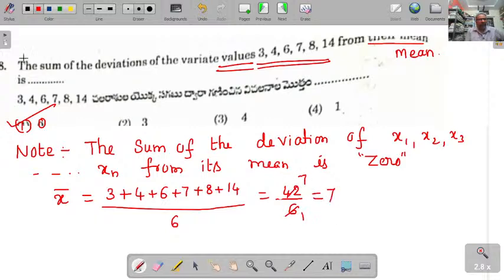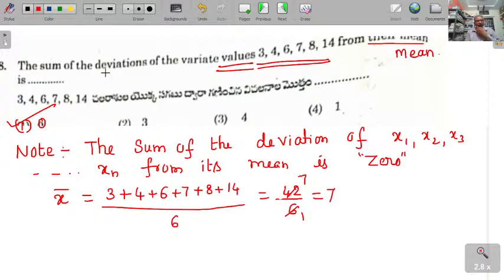So my dear students, what we need to find out now, first of all, are the deviations of the variate values from the mean. Deviation means differences. 3 minus 7 is minus 4.